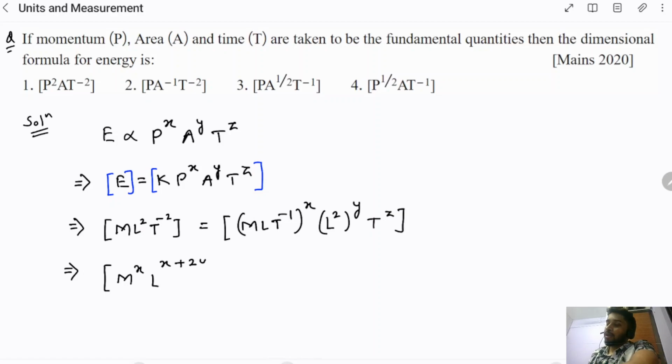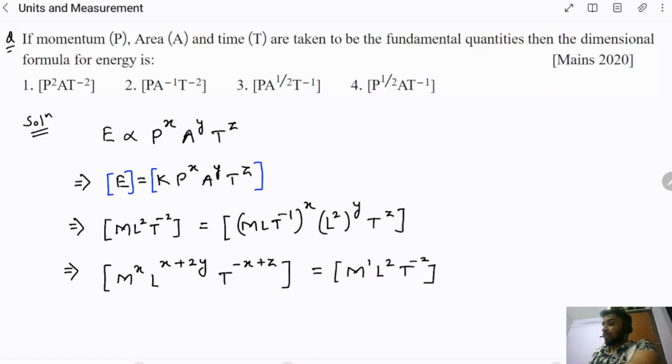And we'll get T to the power minus x plus z, and that should be equal to M to the power 1 L square T to the power minus 2.